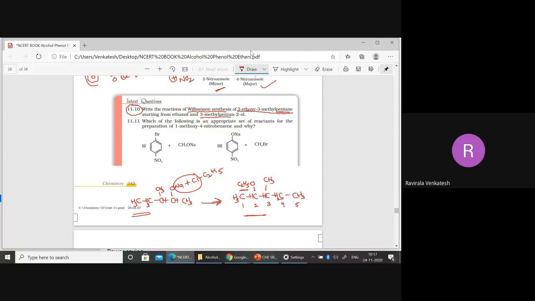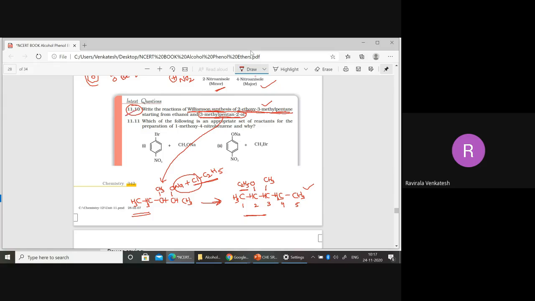It is the Williamson synthesis reaction, isn't it? Yes, sir. In Williamson synthesis reaction, we are preparing this one by using this one. So I have taken this one first of all, and I got this one by reacting with this. Correct or no?